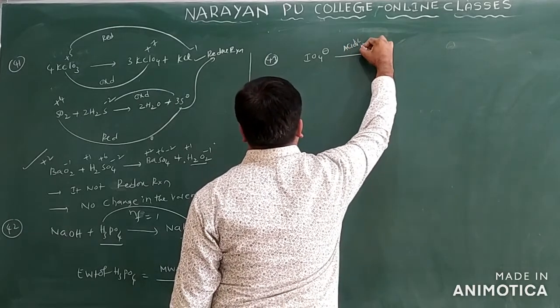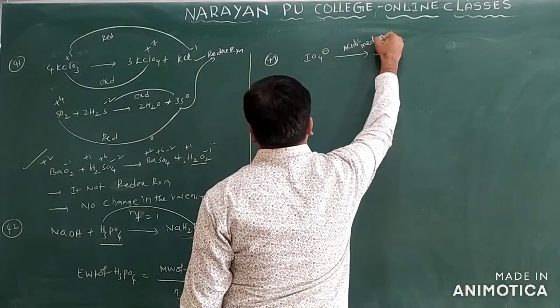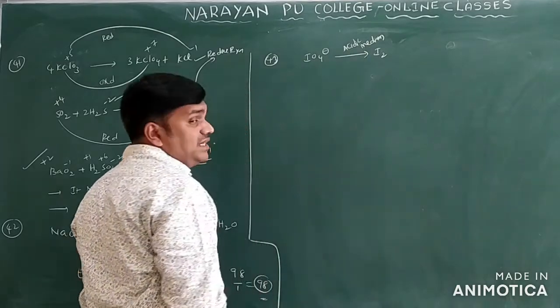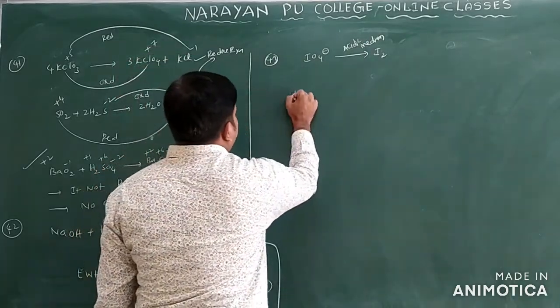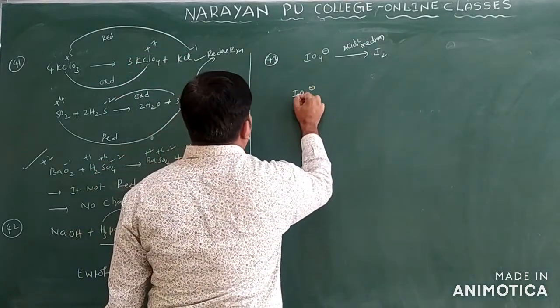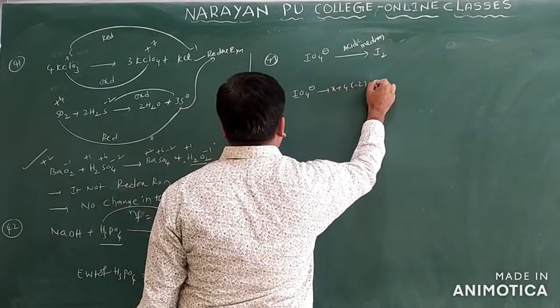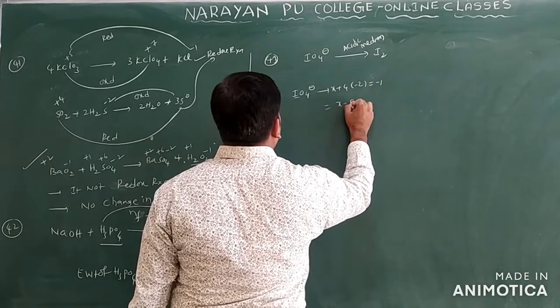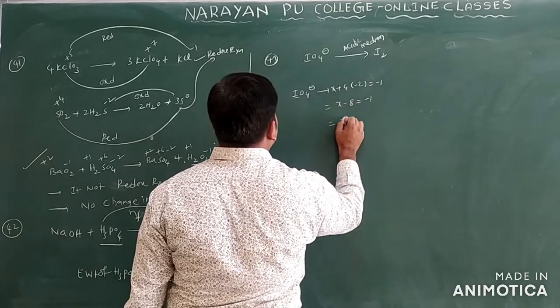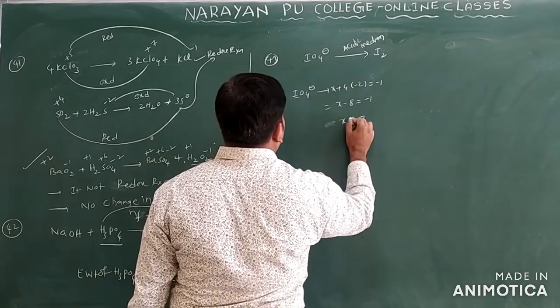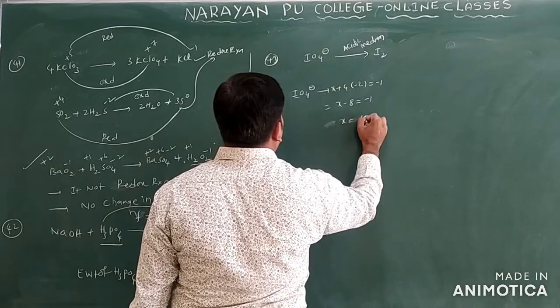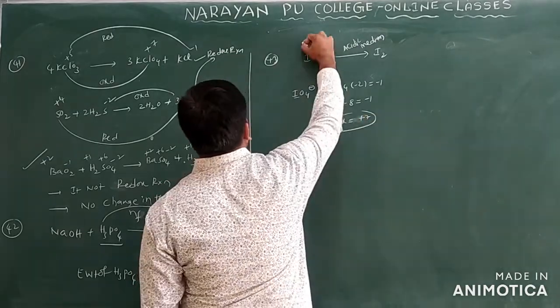Acidic medium. You can find out the oxidation state of I in IO4 minus. So here in IO4 minus, we can find out I. X plus 4 into minus 2 is equal to minus 1. X minus 8 is equal to minus 1. X equals plus 7 only. Here plus 7 is there.